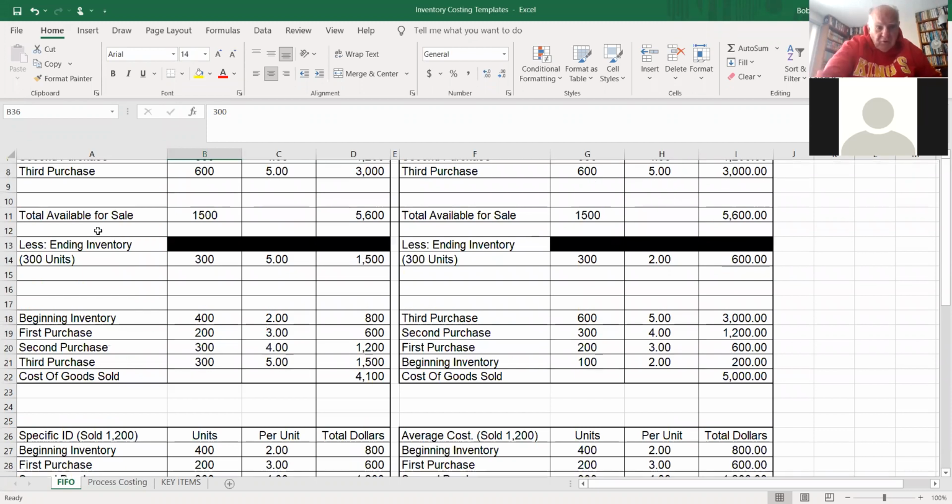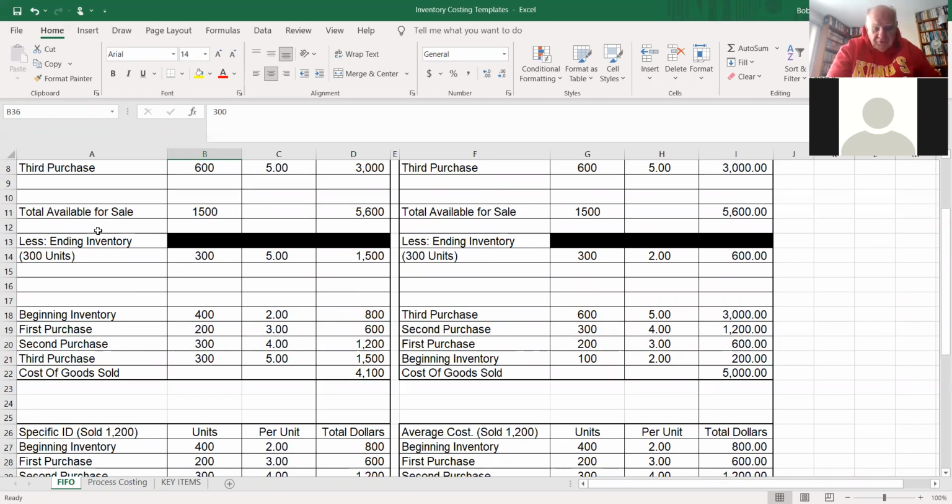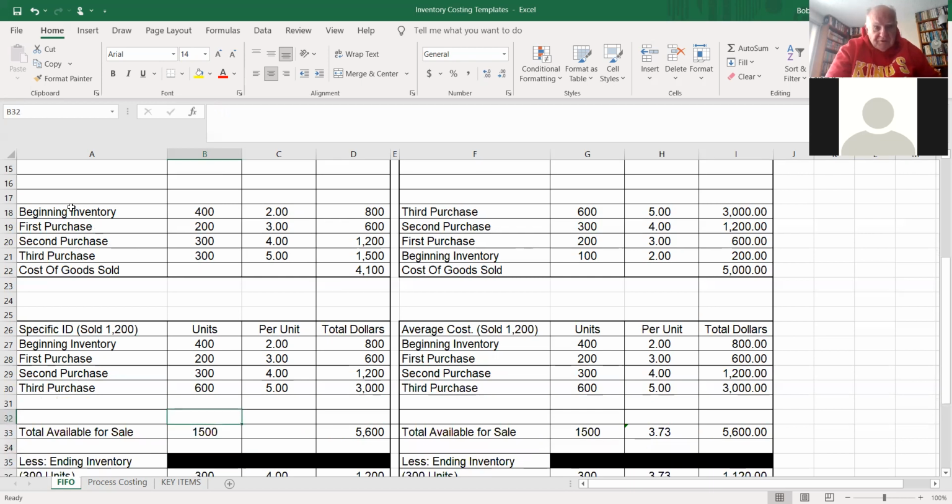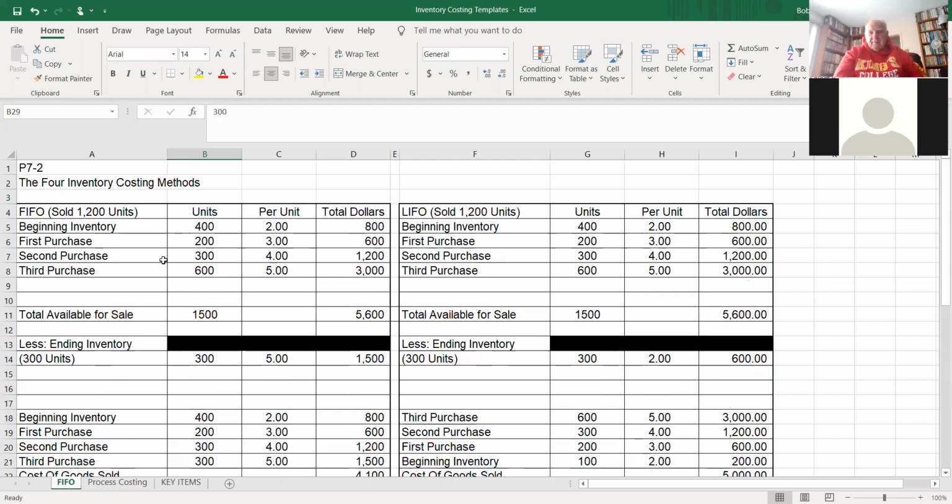Well, we sold 400, plus 200 is 600, plus 300. Let me go back up and start again. I'm going too fast. Deep breath. We sold 1,200 units. We had 1,500 available for sale.